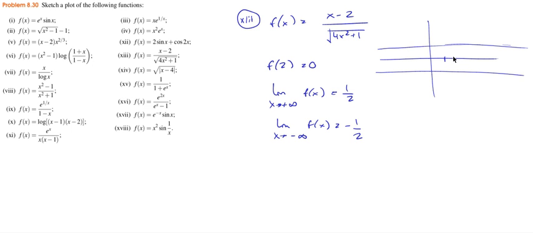Okay, so the function is going to be like this, and maybe is it going to go below or not? We need to check if there's a maximum or minimum. So the derivative of this function, if you compute it, is (8x plus 1) divided by (4x squared plus 1) to the 3 halves.